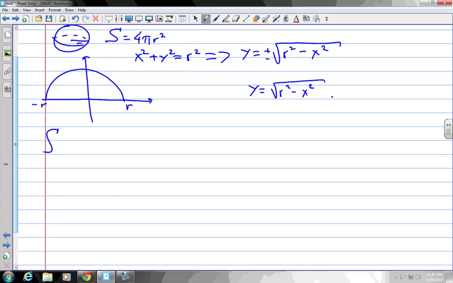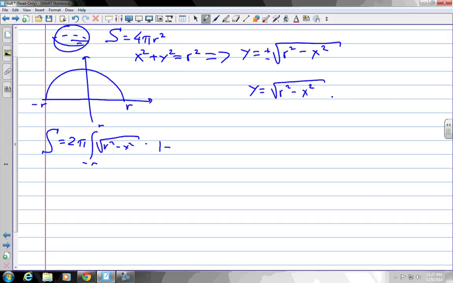So the surface area, if we do that, is 2 pi, the integral from negative r to r, of the function times the arc length, which would be the square root of 1 plus the derivative. Okay, there's no way I can squeeze it into something that small.